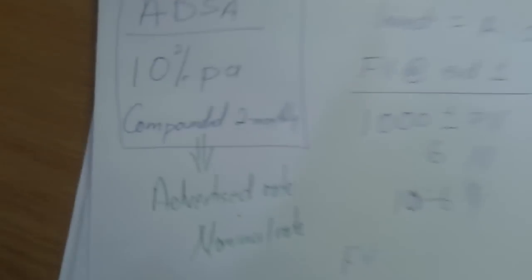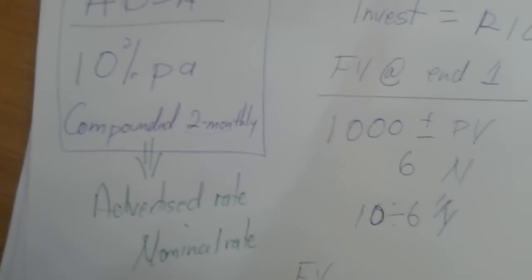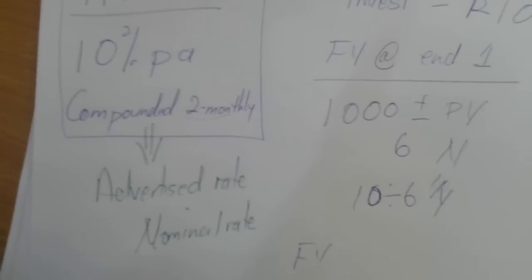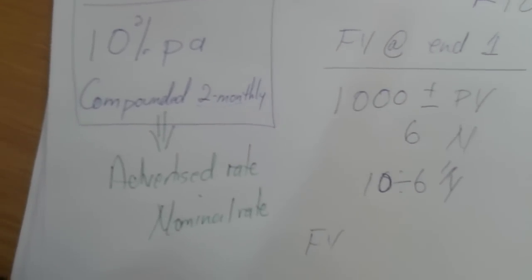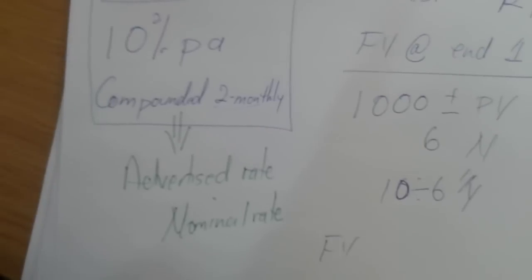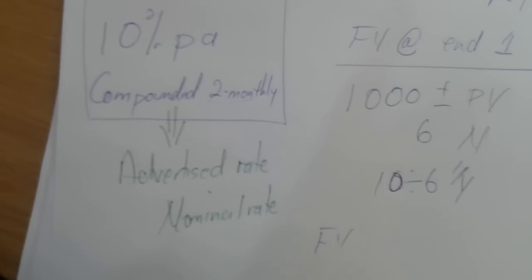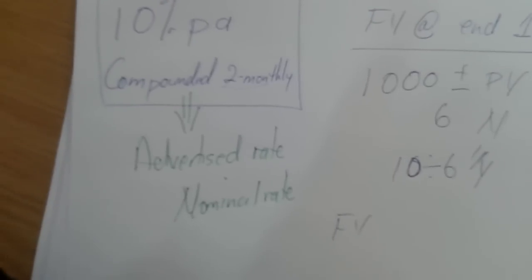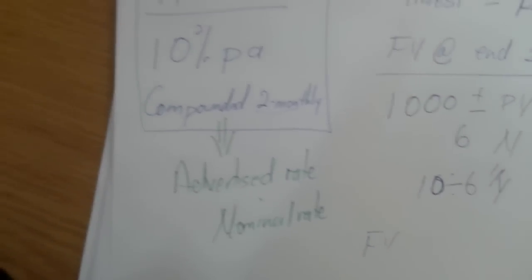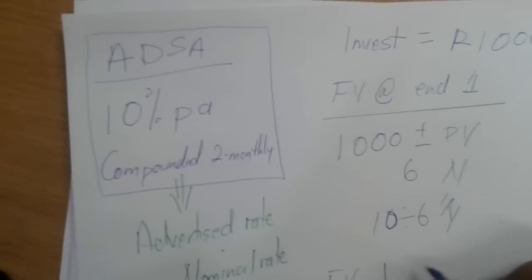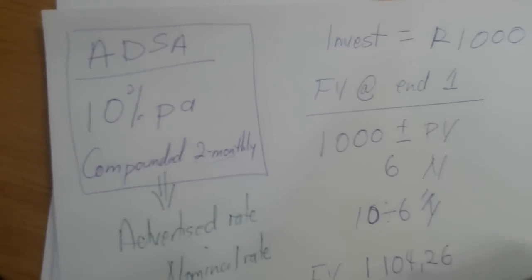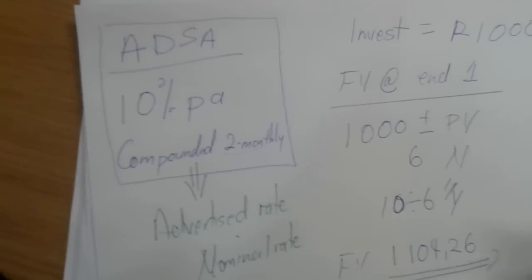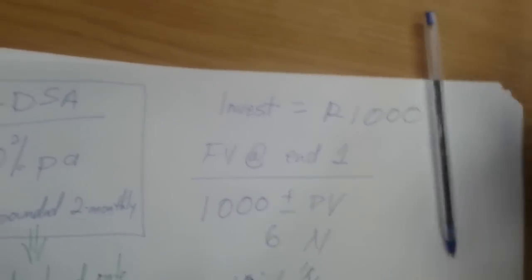So quickly, let's do that. 1,000 plus minus PV, then 6 is your N, then 10 divided by 6 is your I. Compute FV. So you now get 1,104.26.